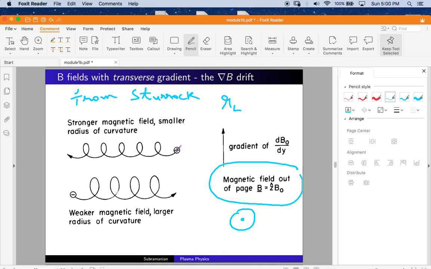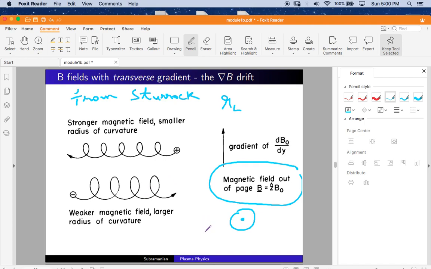If you really think hard, you can convince yourself that a larger radius of curvature at the bottom and a smaller radius of curvature at the top will force a positive particle to drift in this direction and a negative particle to drift in this direction. You can think about it carefully. That's one way of looking at it.